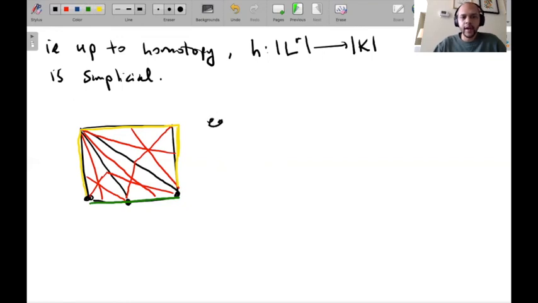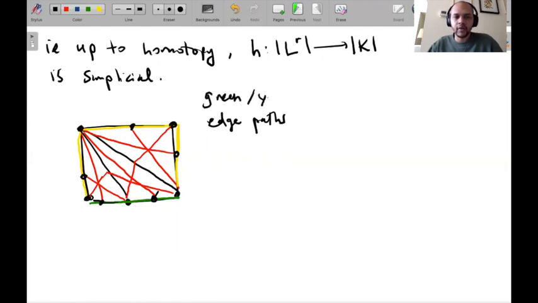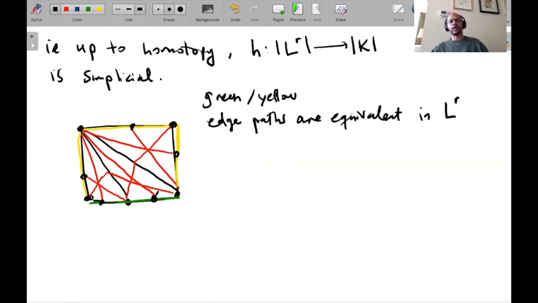So these edge paths, the green and yellow edge paths, are equivalent in L with this subdivision.